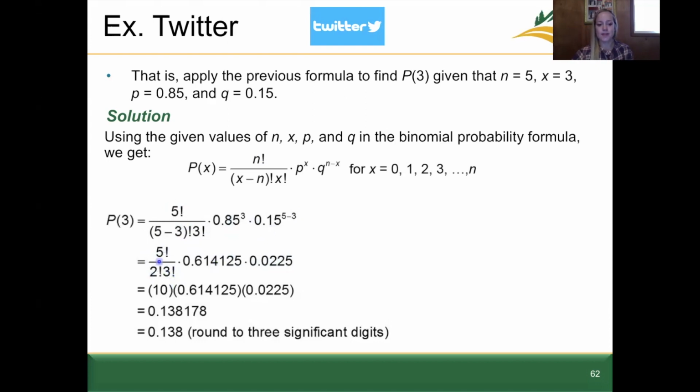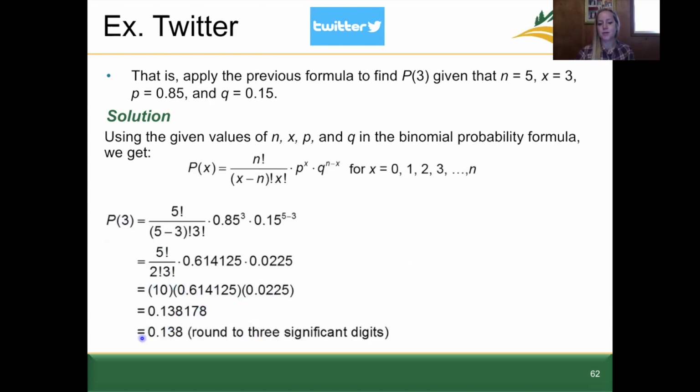So we solve for this fraction here, we multiply these values through. Then in our final answer, we're going to round off to 3 significant digits. So our final answer is 0.138. So we have the probability of 3 successes is equal to 0.138.